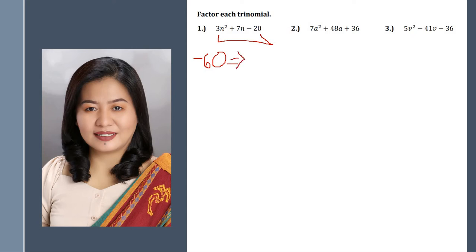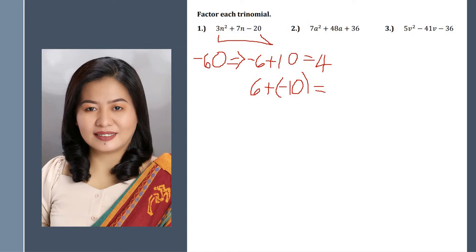So we can have, let's try 6 and 10. So let's have negative 6 plus 10. That gives us positive 4, and it's not 7. So even if we reverse it to 6 and negative 10, it will still not give us 7, because that will only give us a negative 4.